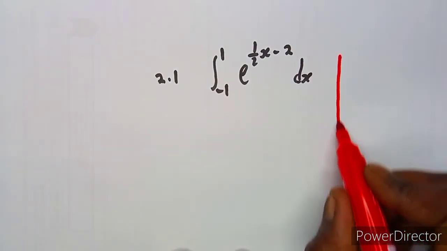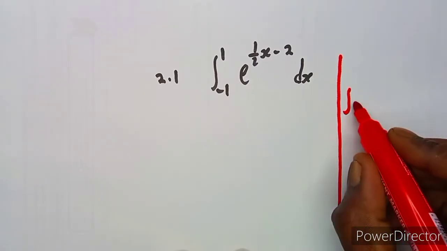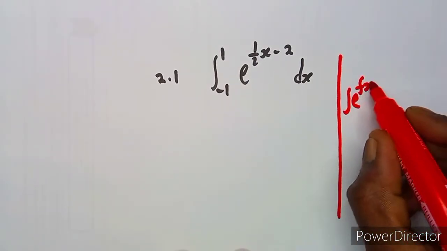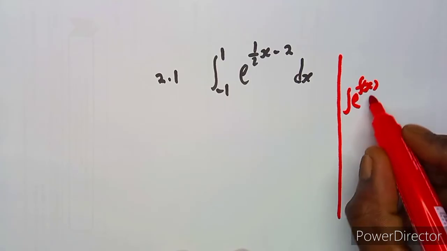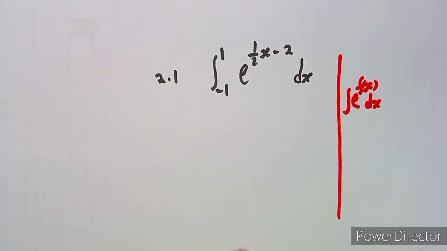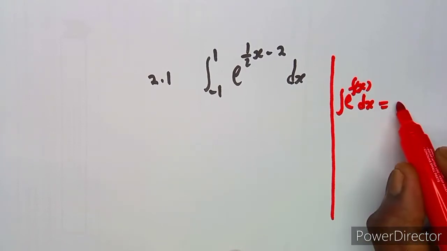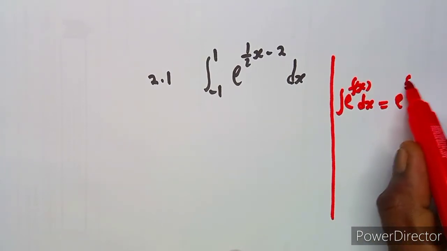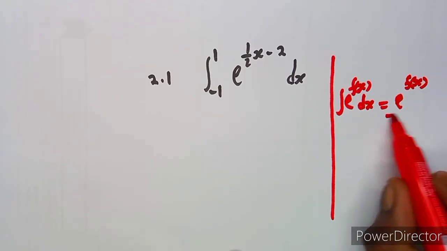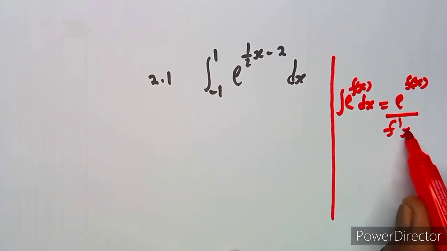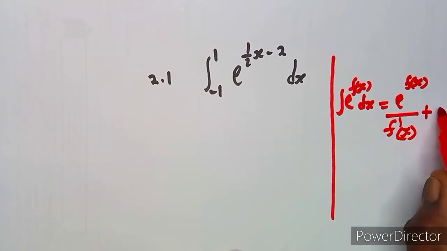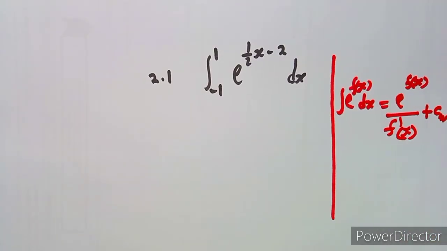If I am to find the integral of e to the exponent of f of x, dx, which is with respect to x, I can actually use this formula: e to the exponent of f of x over the first derivative of f of x, plus the constant of integration. That is the concept that we can actually use in this case.